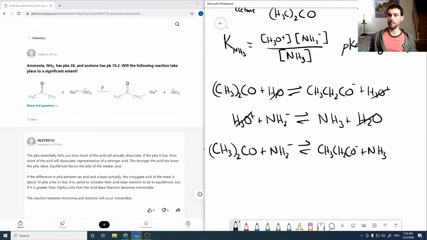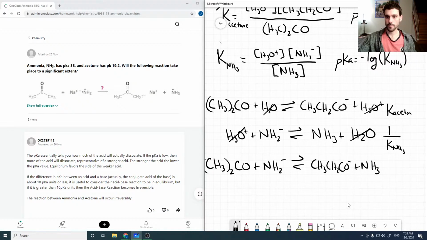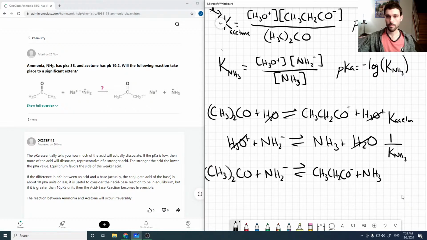Okay. Now we had the K constant for this guy, right? The K for this will actually be 1 over the K for NH3. Now we'd be tempted to use Kb, as NH2 minus is the conjugate base of NH3.